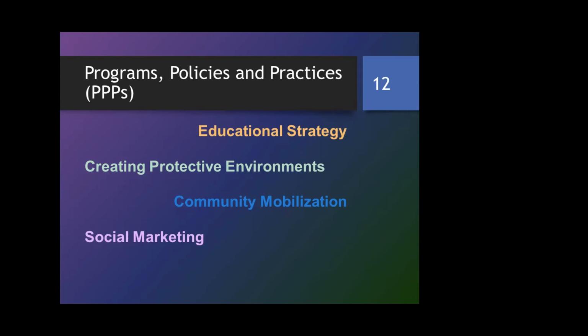Moving forward, your PPPs will be inclusive of one or more of the 4 categories listed here. Some of the PPPs will have program names, like Safe Dates as an educational strategy, or some aspects of shifting boundaries for creating protective environments, for example.